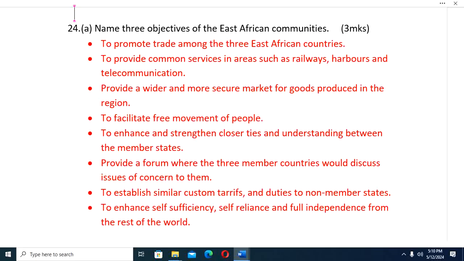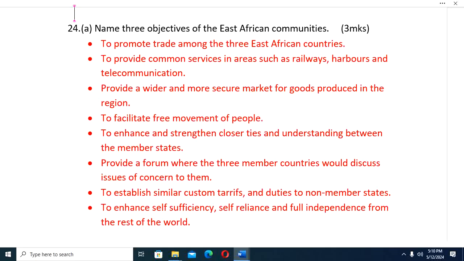Next, to provide a wider and more secure market for goods produced in the region. Next, to facilitate free movement of the people. Next, to enhance and strengthen closer ties and understanding between the member states. Next, provide a forum where the 3 member states would discuss issues of concern to them.